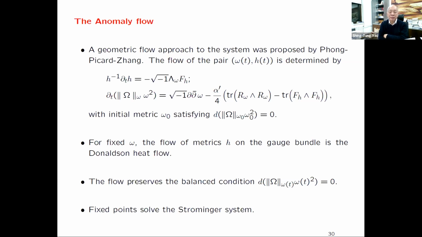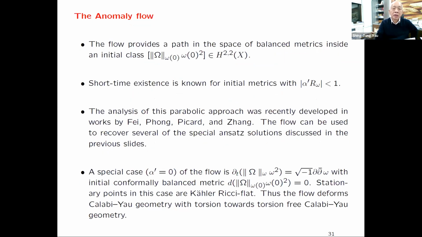This becomes a very beautiful method. And in fact, they were able to understand and simplify the argument that Fu and I did, which takes quite a lot of estimates. Anyway, this is a nice flow and it would be interesting to understand it better.